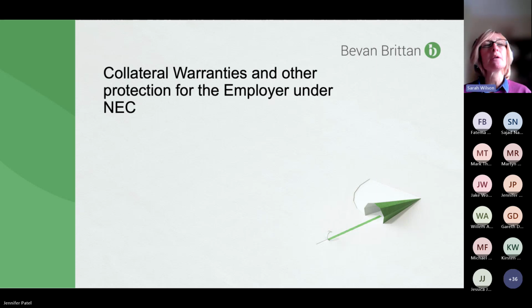So just to put it in context, this is the third webinar for this season. The first one was a high level look at NEC, how it works, tricky bits, etc. Last month we looked at NEC 4 just to try and get to grips with this.